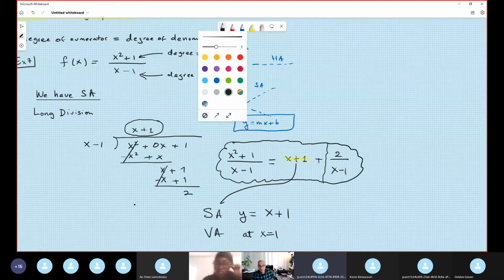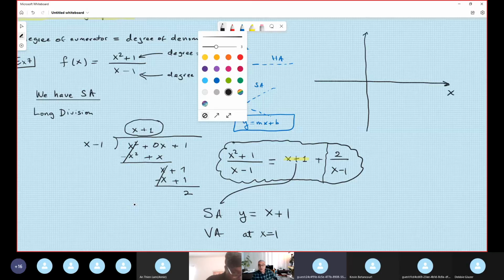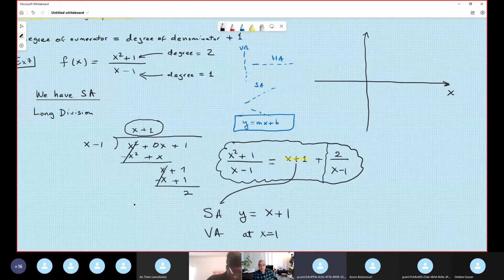But suppose I'm in the jungle, we have no Desmos, we have no internet. So one possibility is to plot the slant asymptote and the vertical one. The vertical is easy, at x = 1. The vertical is like that.